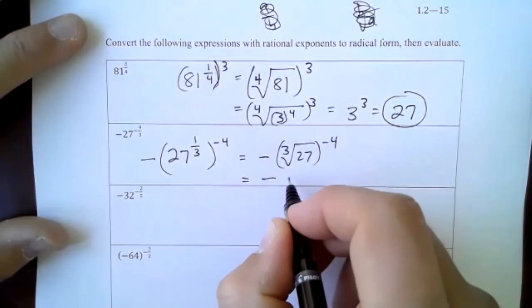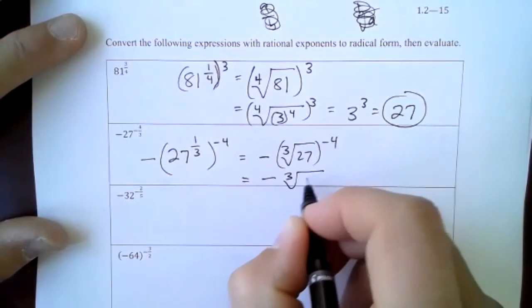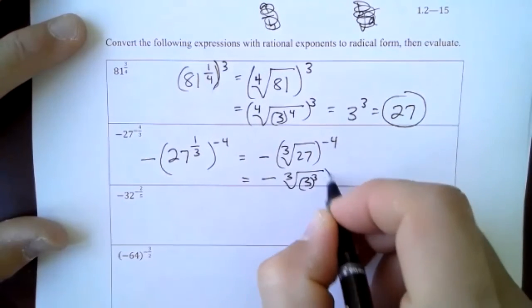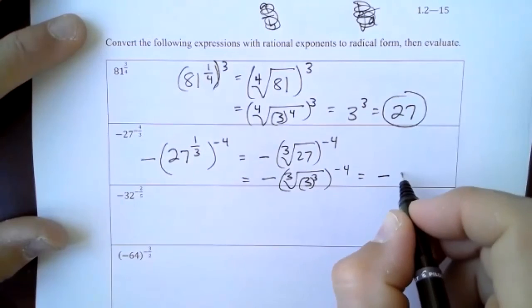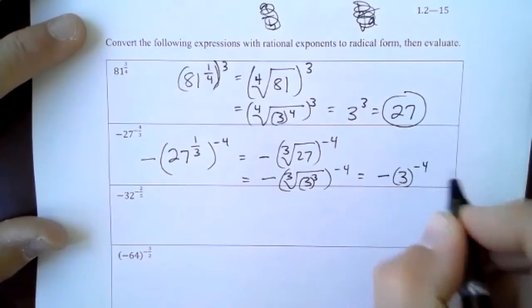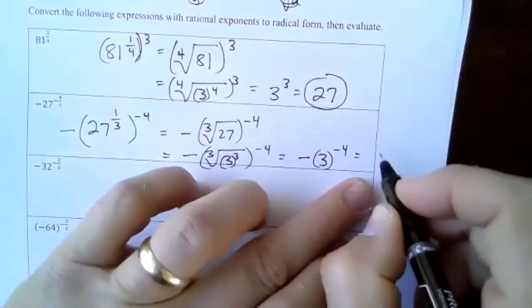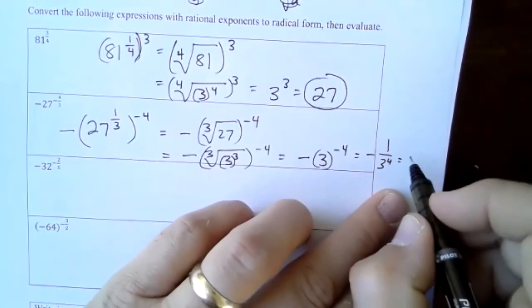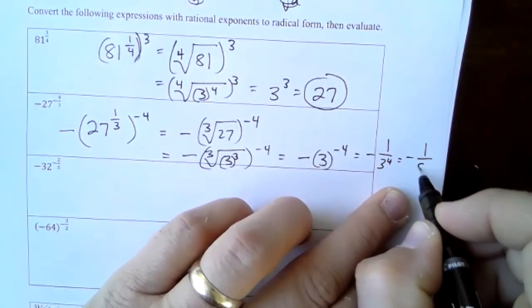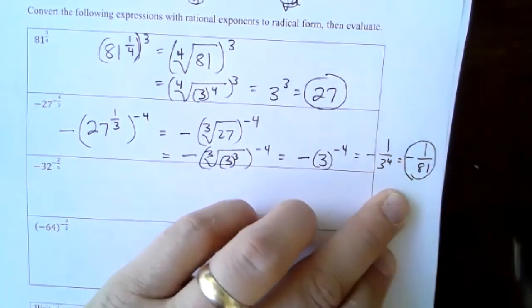This is negative cube root of 3 to the 3rd power, all raised to the -4th power. And so we have -3 raised to the -4th power. This is nothing more than -1 over 3 to the 4th, and that turns out to be -1 over 81, and done.